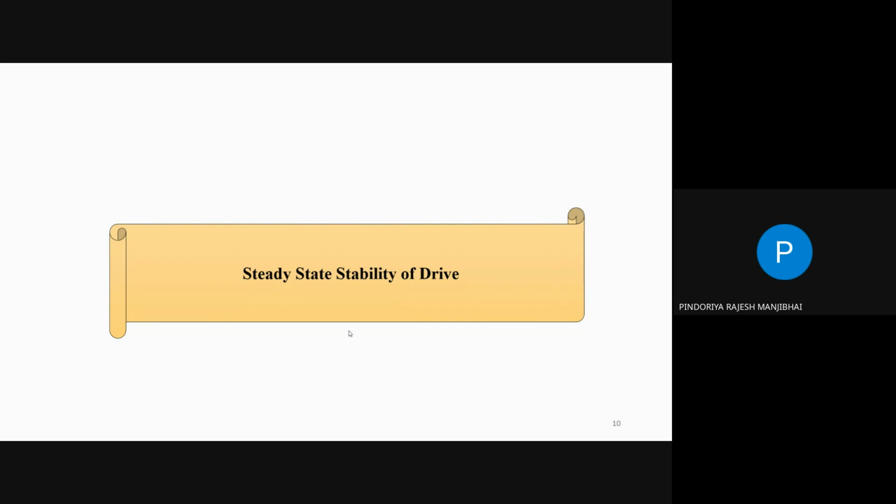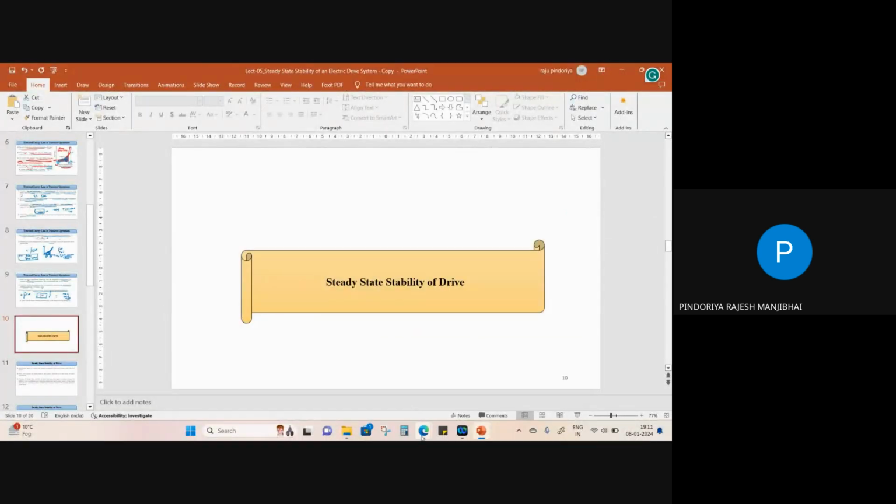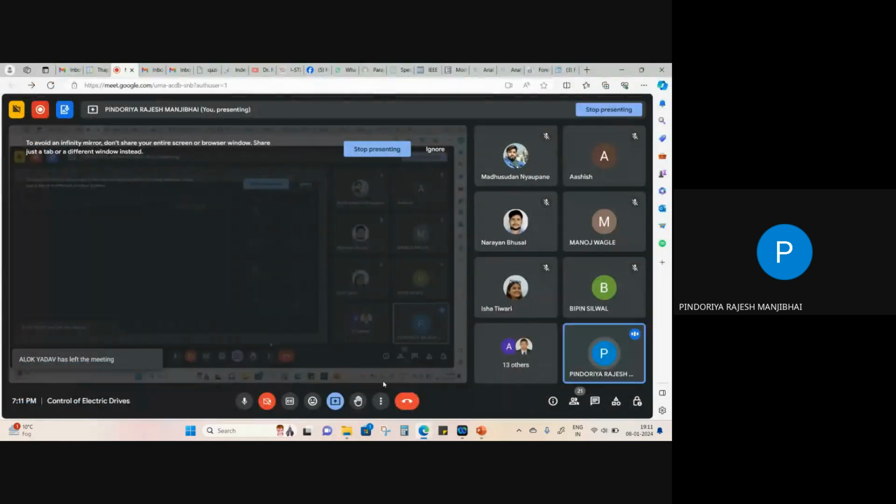I want to discuss this topic for two to three minutes from your side. What is the meaning of steady state stability? I just want to check how much you remember about steady state stability and transient stability. Then we can start our topic.